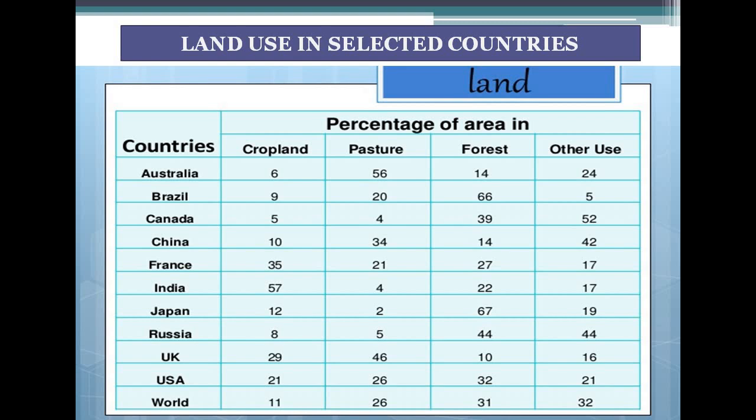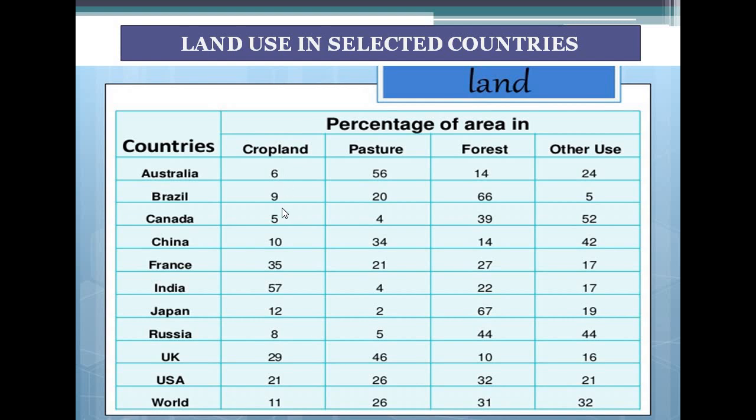Now, land use in selected countries. With the help of this table, you will be able to understand the use of land in different countries. As you can see, for some of the countries, we have different percentages of area in different activities. First, we have cropland, then pasture, then forest and other use.